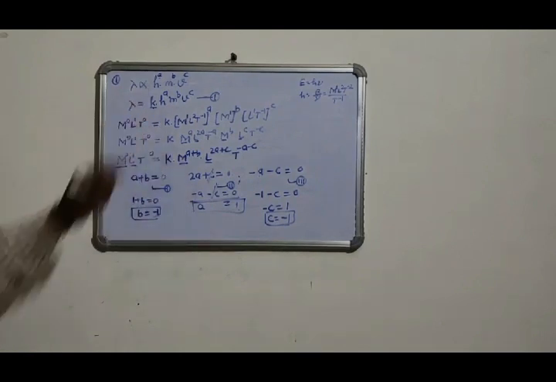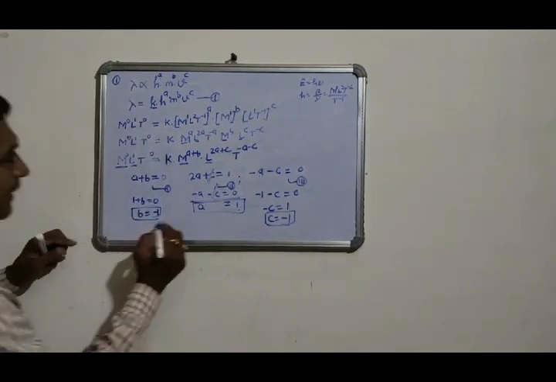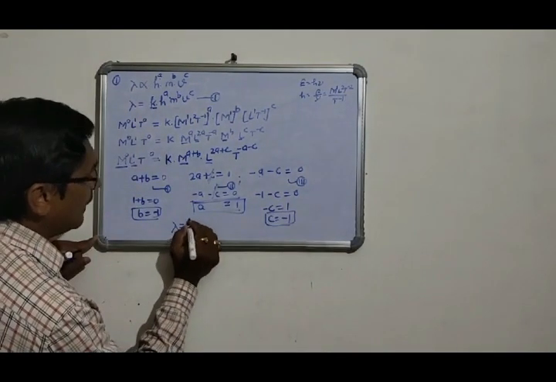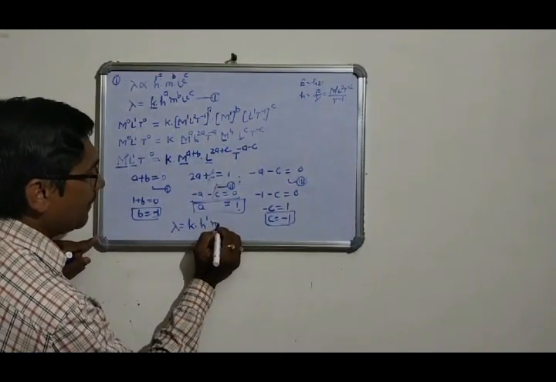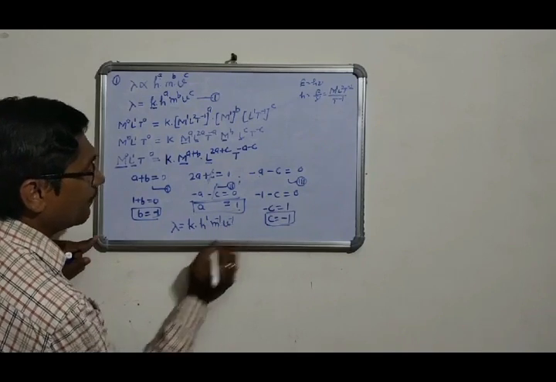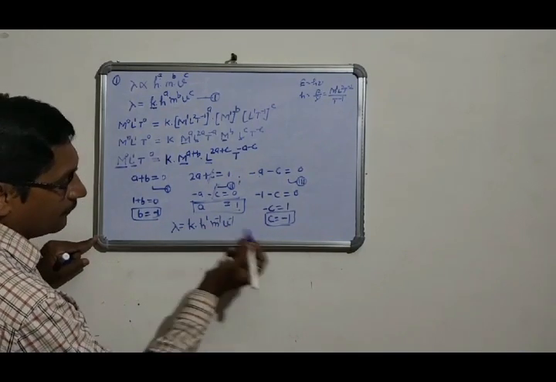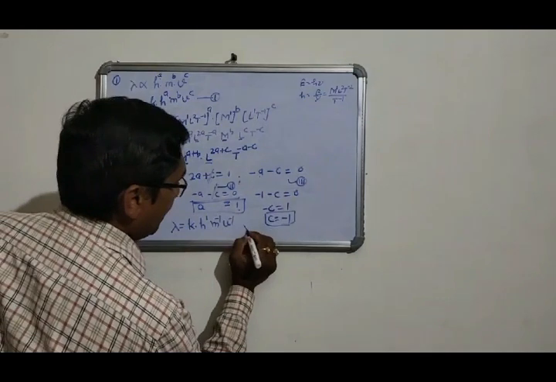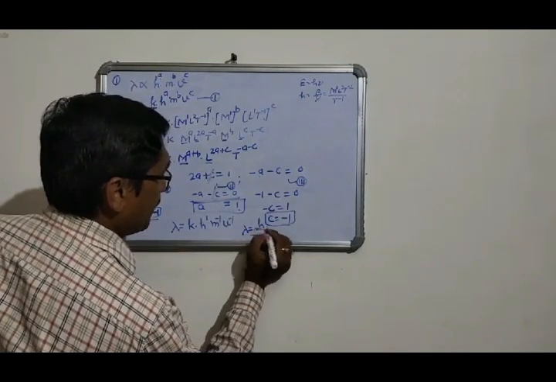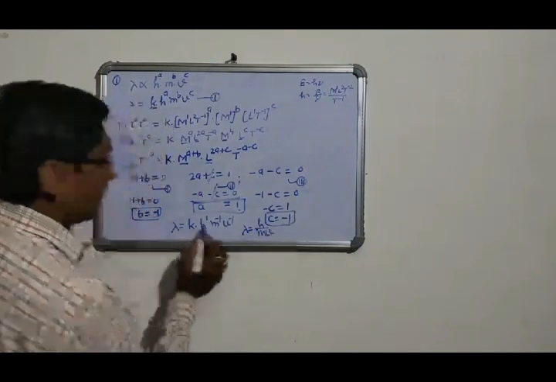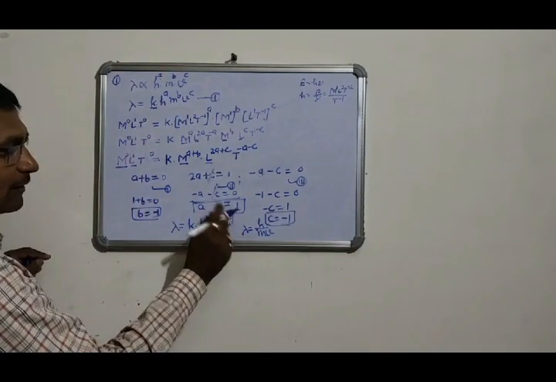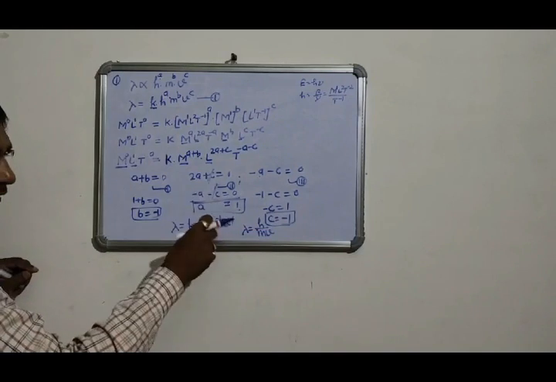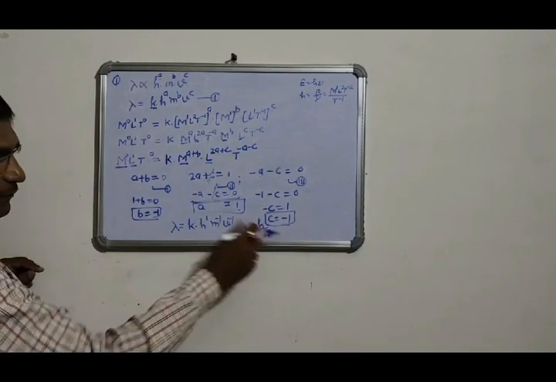Now putting the values of a, b, c in equation number 1, we get lambda equals K h to the 1, m to the minus 1, v to the minus 1. So the formula is lambda equals h upon mv. M and V have negative powers, so they shift downward and the powers become positive.